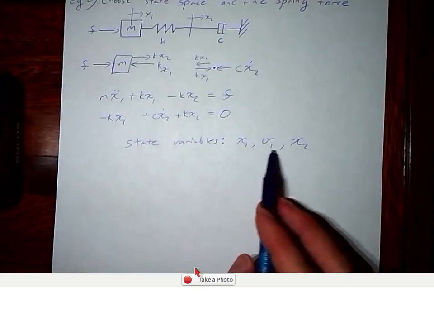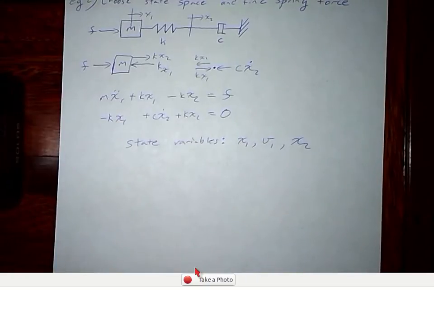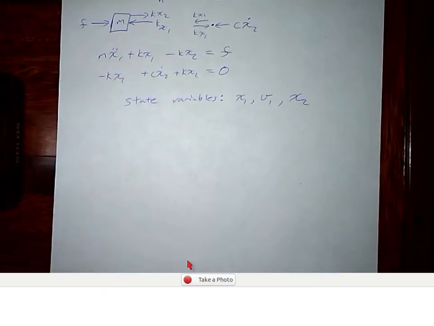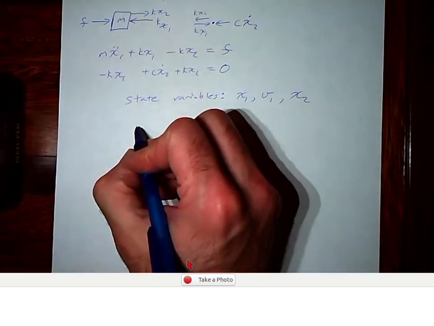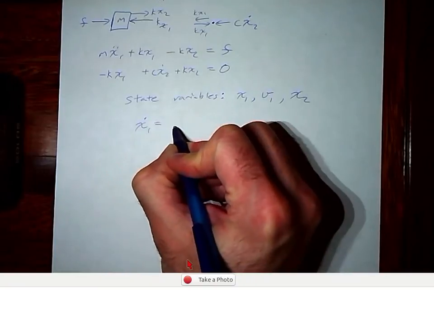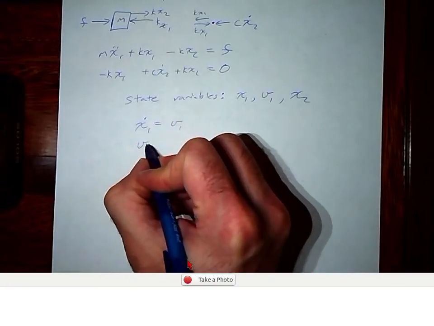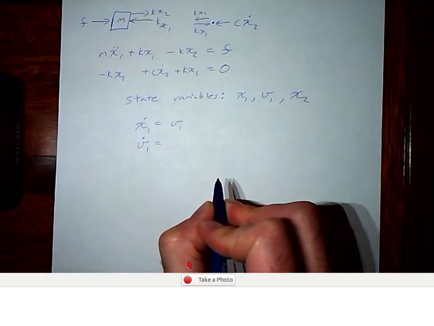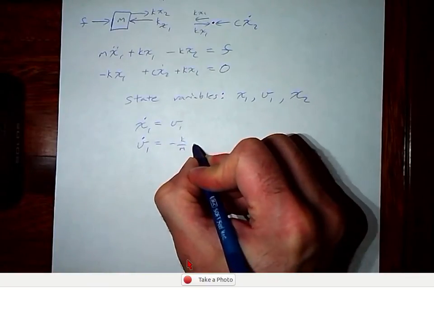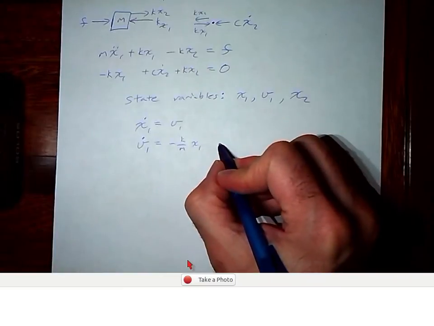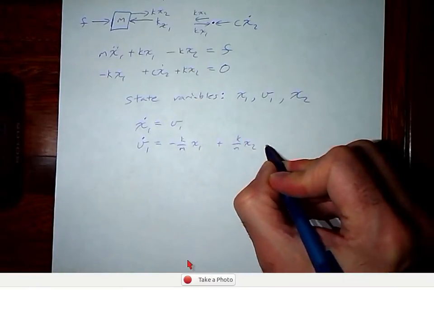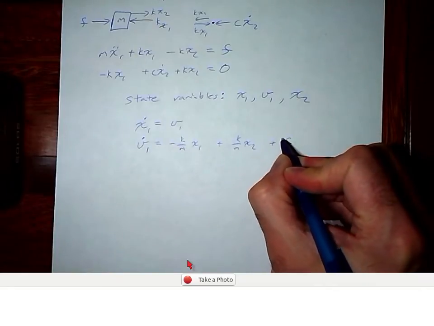So we have 3 state variables for this system. And we can write our state equations here. So x1 dot is equal to v1, and v1 dot is negative k over m times x1 plus k over m times x2 plus f, plus 1 over m.